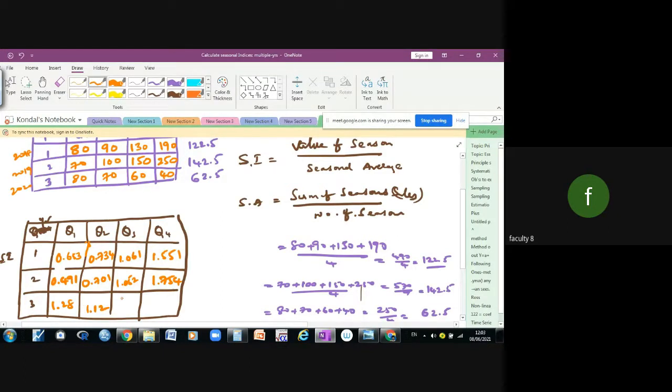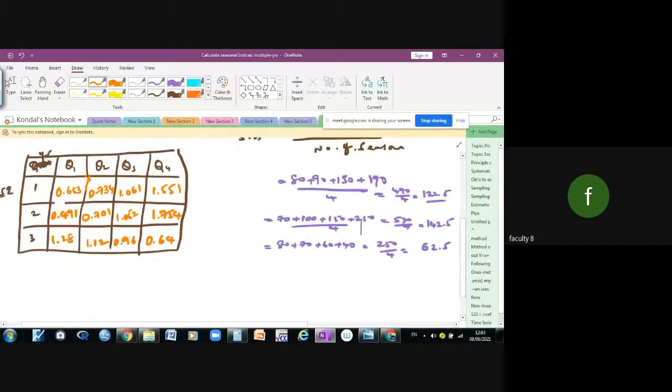Then 60 divided by 62.5, there is 0.96 only. Then 40 divided by 62.5, 0.64. So this is the seasonal analysis, but we need to calculate the averages of 3 years.